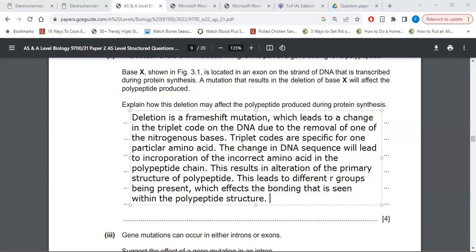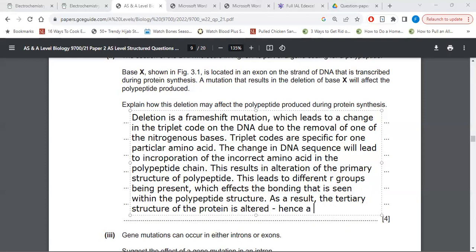Different R groups mean that your hydrogen bonding, ionic bonding, hydrophobic interactions, sulfur bridges, all of these bondings are going to be affected, right? As a result, the tertiary structure of the protein is altered, and then you can finally finish it off as hence a non-functional protein is produced. Or if you don't want to say non-functional, you can say that a protein with a different function is produced, whatever. So this is how deletion actually works.